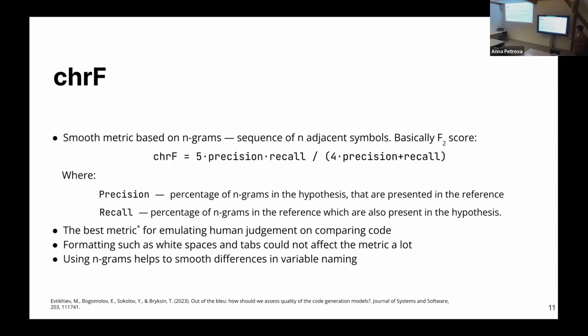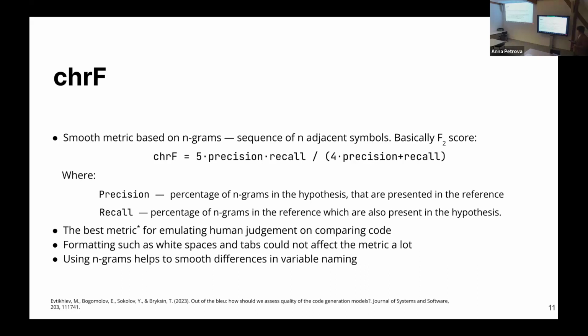Our colleagues from the ML4SE laboratory wrote a paper about which automatic metrics are the best for program similarity tasks. In the paper, they came to the conclusion that chrF is the best at behaving like a human. So we have chosen this metric.